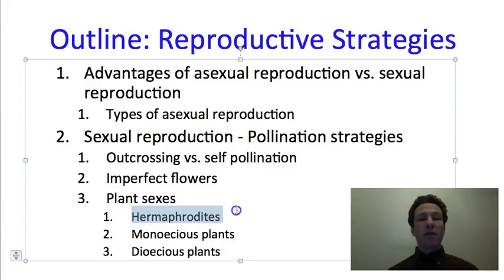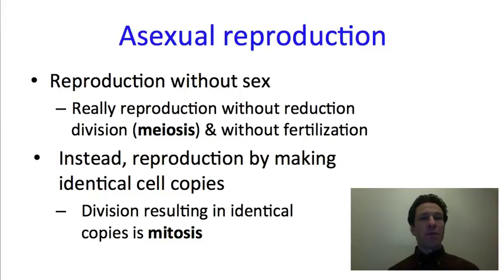So we can have hermaphrodites, where every flower has both pistils and stamen, or we can have monoecious plants that have some flowers that have only pistils and other flowers that have only stamen. Or we can have dioecious plants, where the entire plant has only pistils and other plants of that species have only stamen. We'll come back and talk about that in more depth.